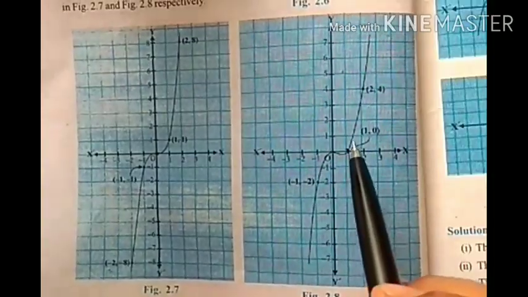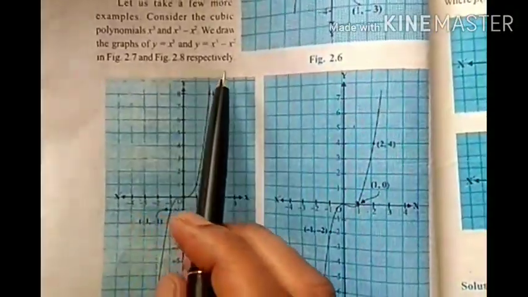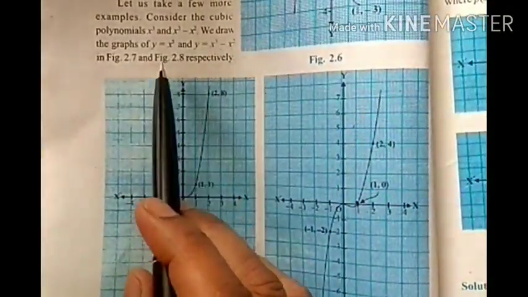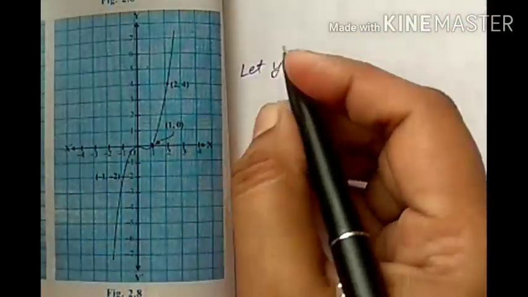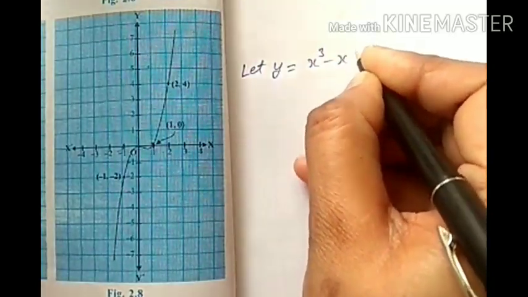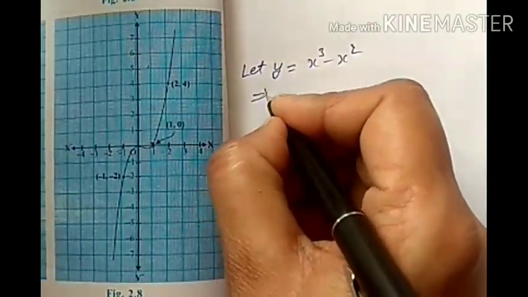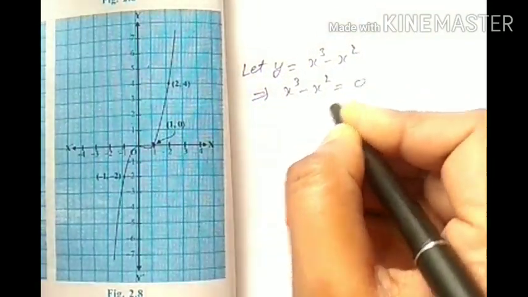Now this is the representation of y is equal to x cube minus x square, figure 2.8. Let us check it. Let y is equal to x cube minus x square. To find the zeros, we put this polynomial equal to 0.